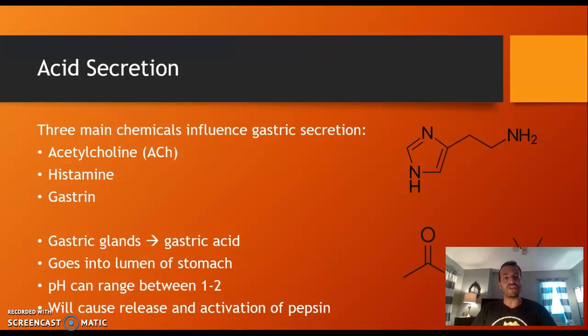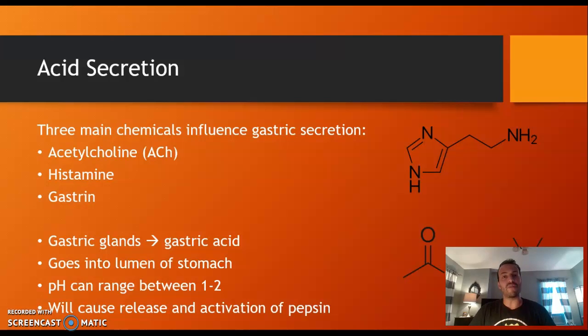Getting further into acid secretion, there are three main chemicals that influence gastric secretion. One is acetylcholine, which you have seen repeatedly throughout the course. The second is histamine, and the third is gastrin, which I've already talked about. Just a reminder, gastric glands release gastric acid into the lumen of the stomach. This results in a pH range of about 1 to 2, typically 2.